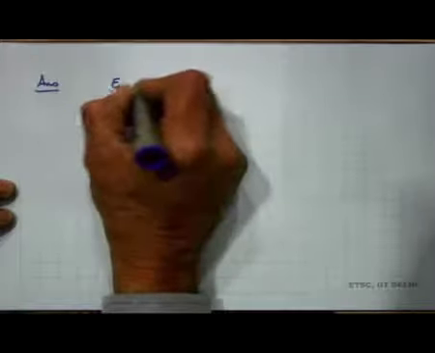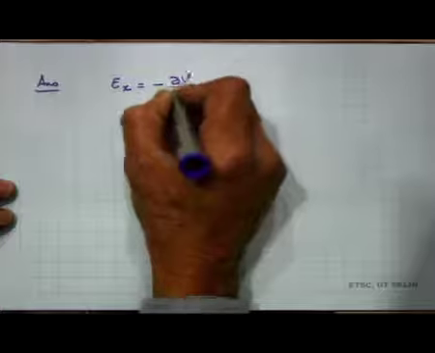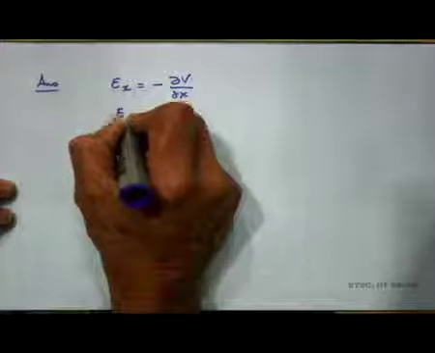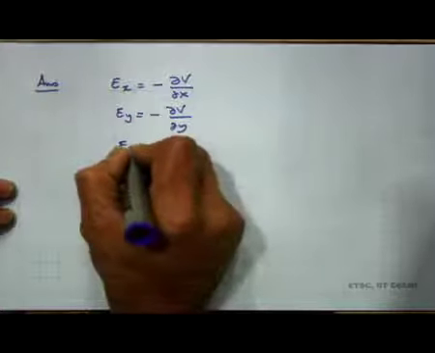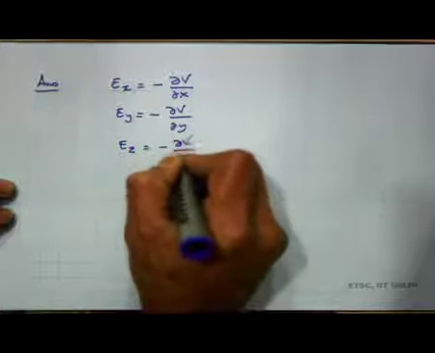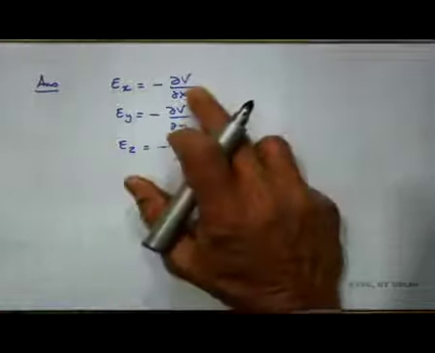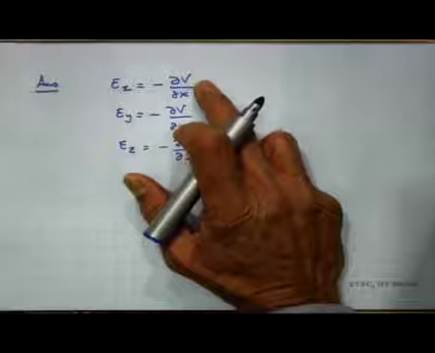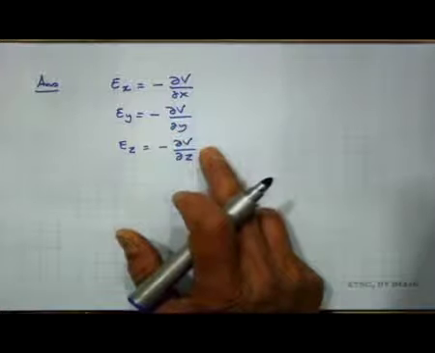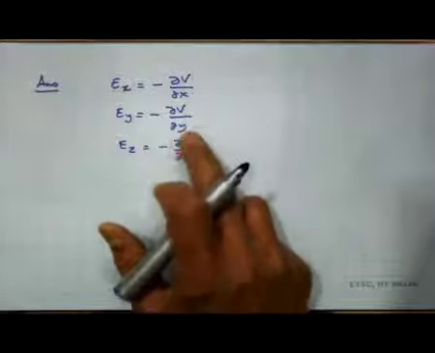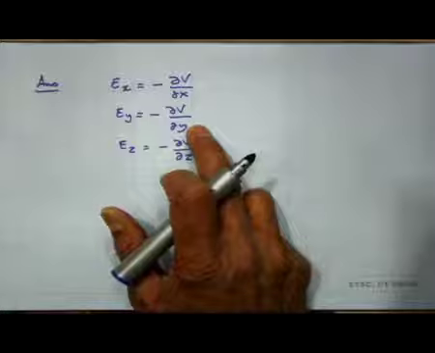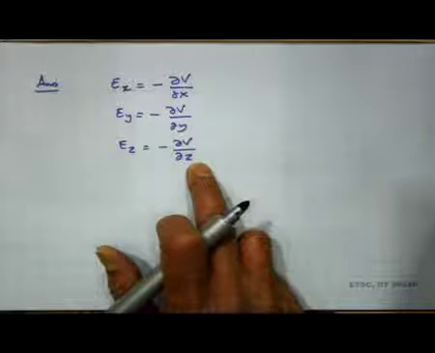The x component of electric field is minus del V by del x. The y component is minus del V by del y, and the z component is minus del V by del z. Remember, I am using partial derivatives because potential V is a function of all three coordinates x, y and z. This is a differential with respect to x keeping y and z constant, with respect to y keeping x and z constant, and with respect to z keeping x and y constant.